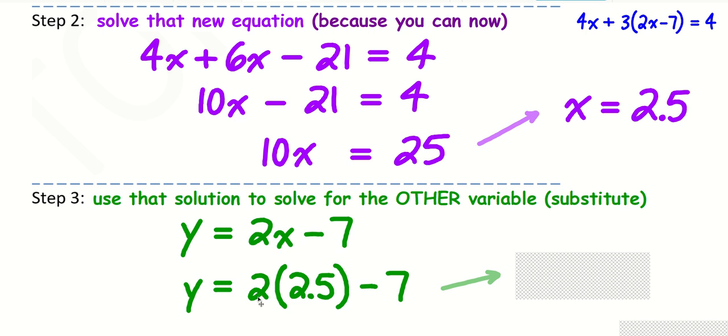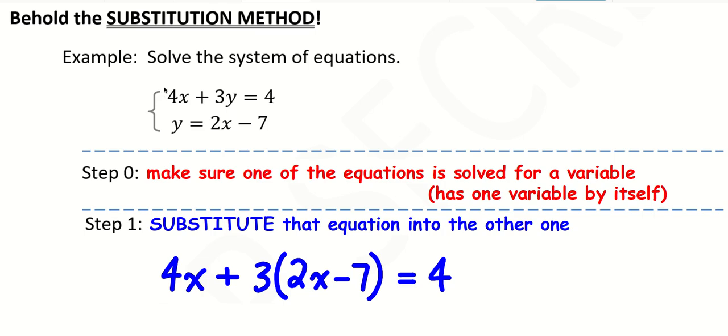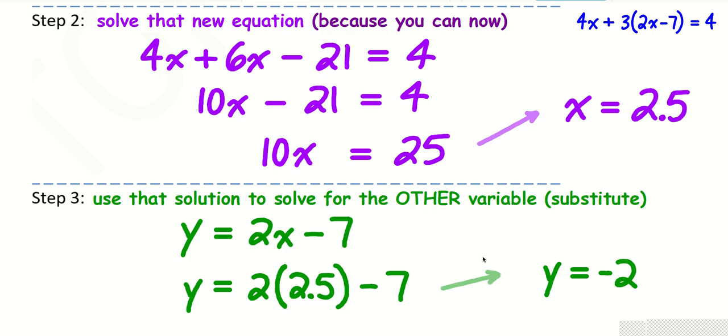So y now equals 2 times 2.5 minus 7. That ends up being negative 2. So the final answer here is 2.5 comma negative 2. In other words, if you were to graph these lines, this one needs to be solved for y first, but if you did the work to graph these lines, guess where they would intersect?